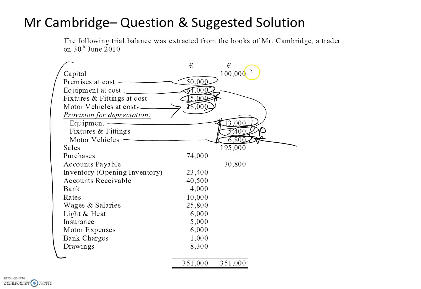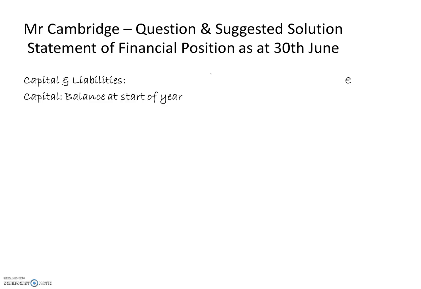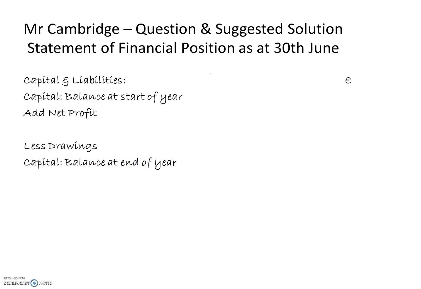Now that's coming from our trial balance, and it's the 100,000 figure. So I will pop that in, and then I'm going to add on to that my net profit, which is the figure that we calculated in the income statement. I will take away from that the drawings, which is the money that Mr. Cambridge took out of the business for his own personal use, and that'll give me the capital balance at the end of the year.